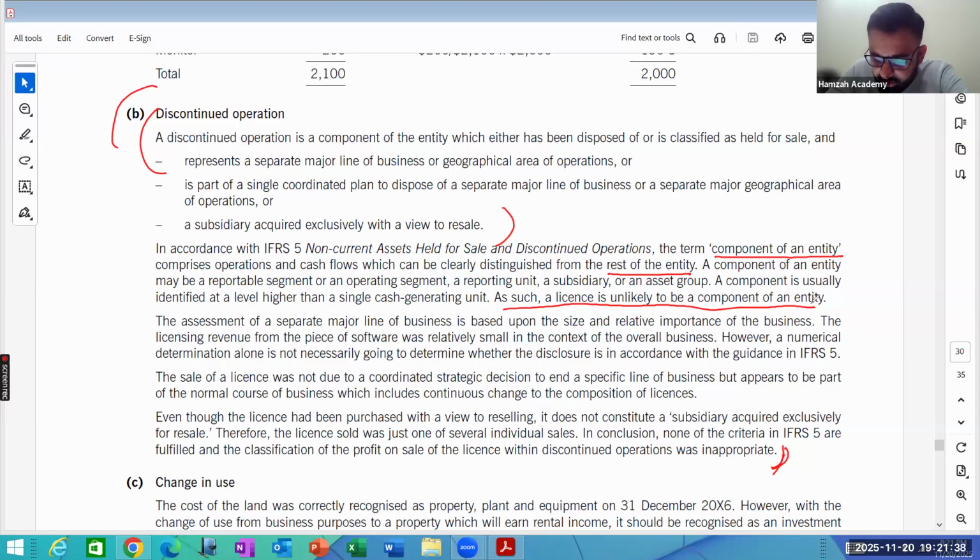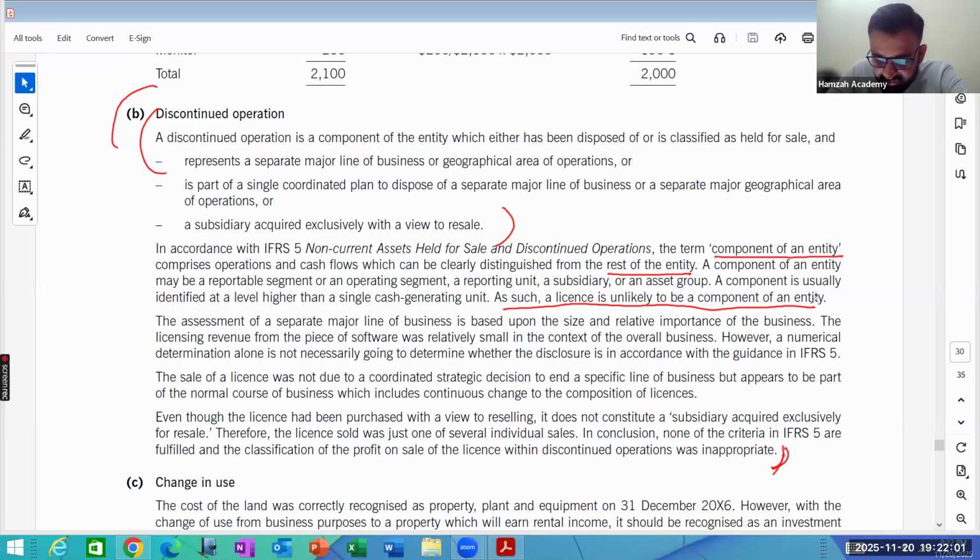The assessment of a separate major line of business is based upon the size and relative importance of the business. The licensing revenue from the piece of software was relatively small in the context of the overall business. However, numerical determination alone does not necessarily determine whether the disclosure is in line with the guidance in IFRS 5.